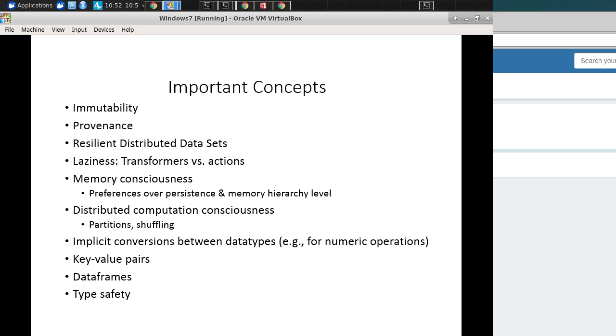Laziness. So this notion of laziness that we see writ large in Scala is revealed in Spark. And we have this distinction in what are called transformers versus actions. So there's some things that just kind of transform data as part of a pipeline to get you along the way.